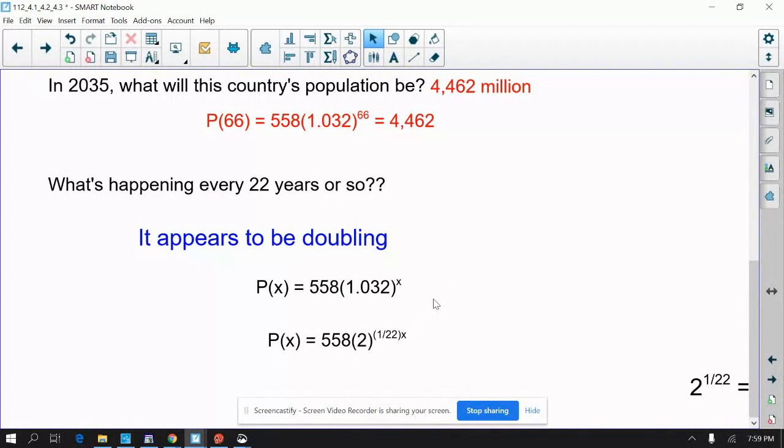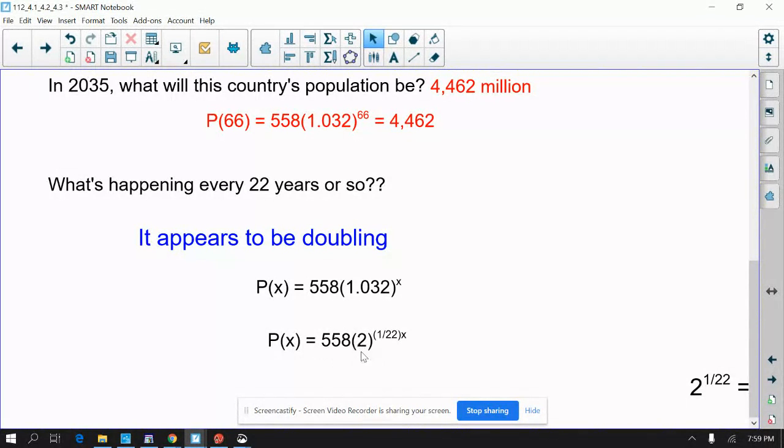And if you're doubling, you might think, well, shouldn't the base be 2? And you're right. The base should be 2 if you're doubling, but the base was 1.032. Well, remember, it takes 22 years to double. So if I make this exponent 1 over 22, every time x is 22 or a multiple of 22, I would be multiplying 558 by 2.